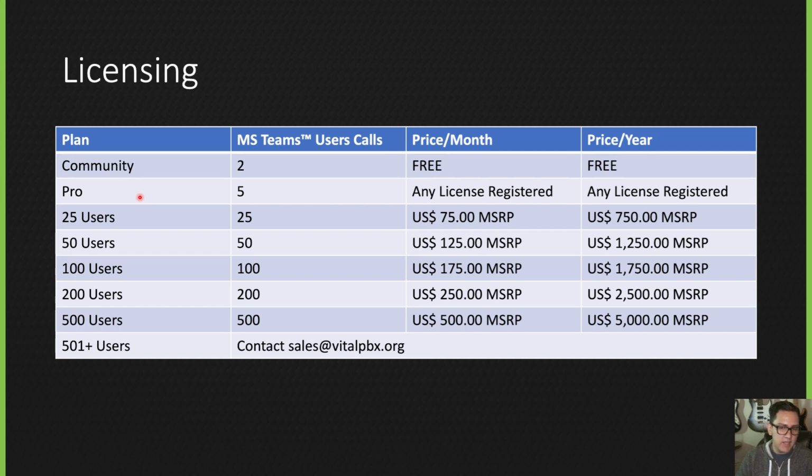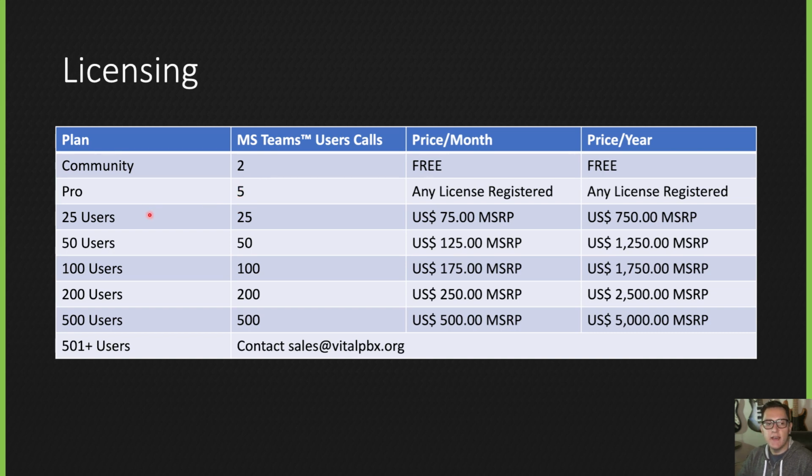It can be branding, maintenance, OpenVPN, Sonata Switchboard, Sonata Recordings, any license that you have registered to your PBX will give you the pro version of VitalPBX, and this will give you 5 Microsoft Teams users. So it can be any individual license, any licensing plan, as long as there's a license registered, you will already have these 5 users added to your Microsoft Teams allowed numbers.